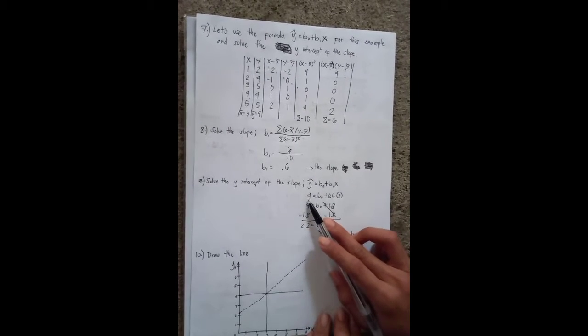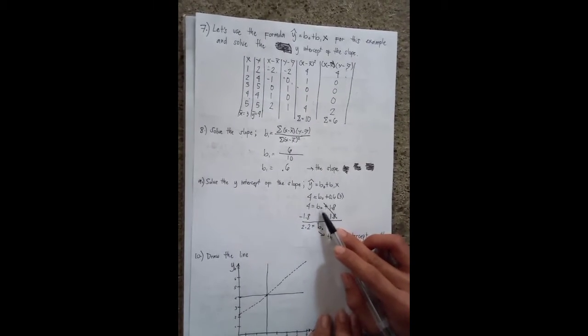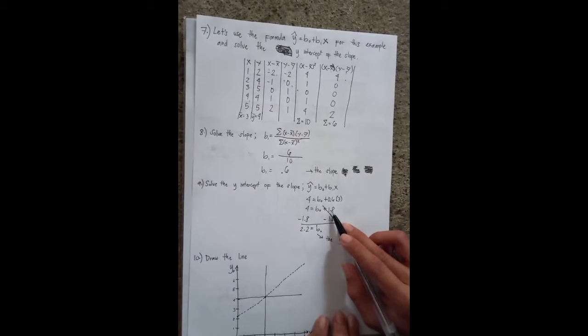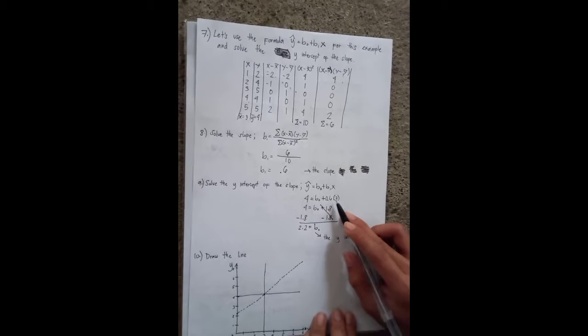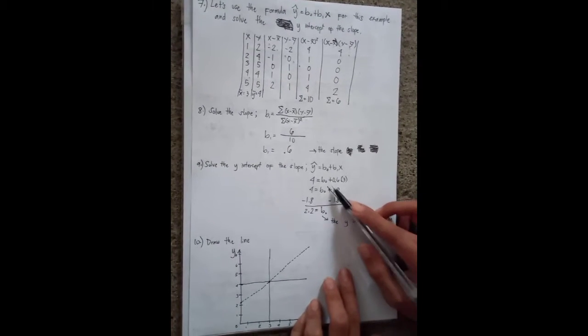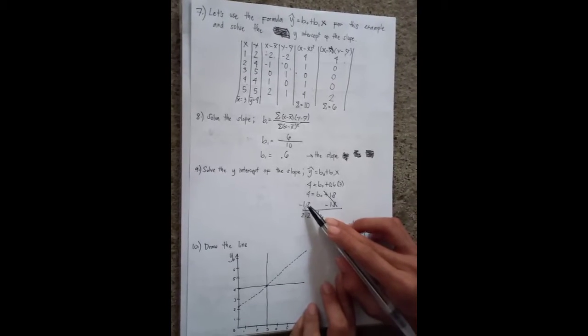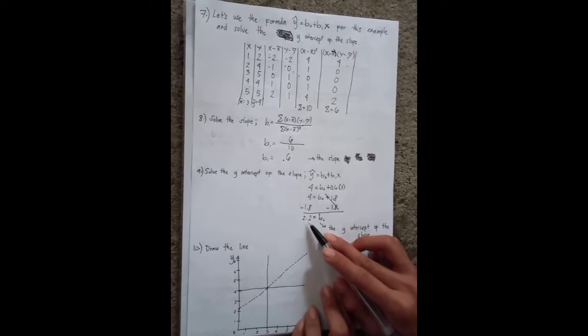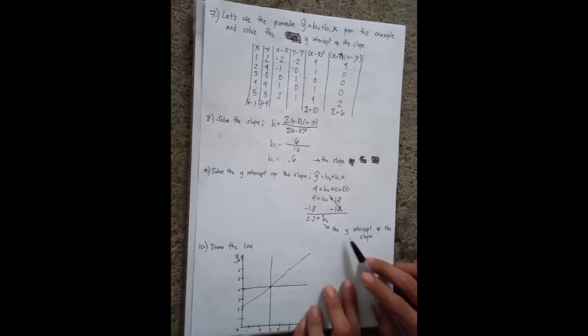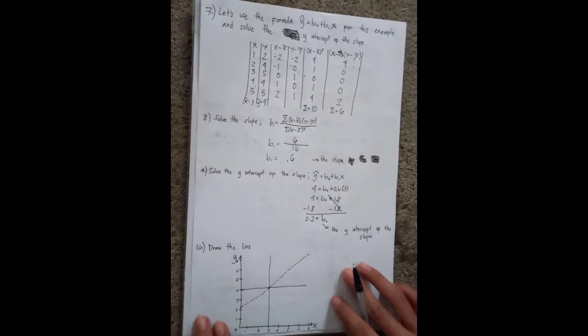So here 4 is equal to b0 plus 1.8, which is the result of 0.6 times 3. Let's put negative 1.8 on both sides, then cross out. So 2.2 is equal to b0, which is the y-intercept.